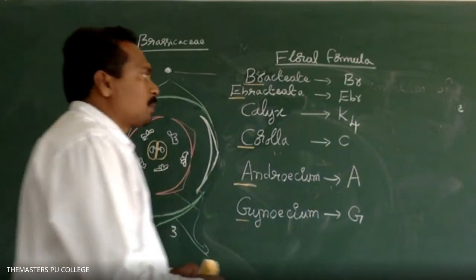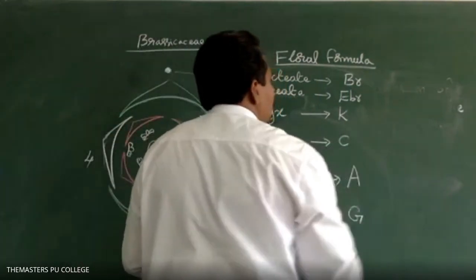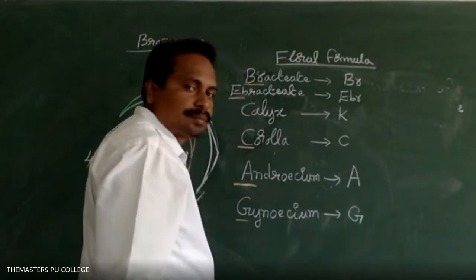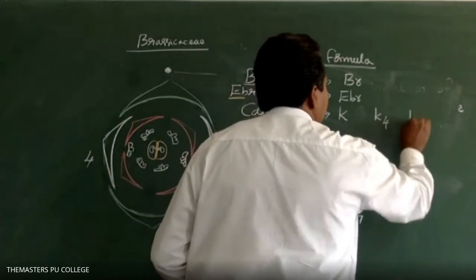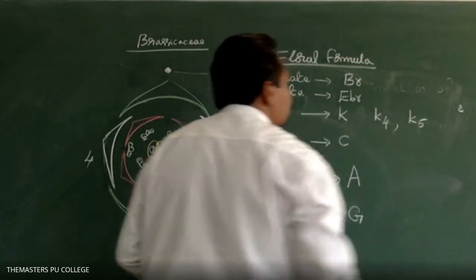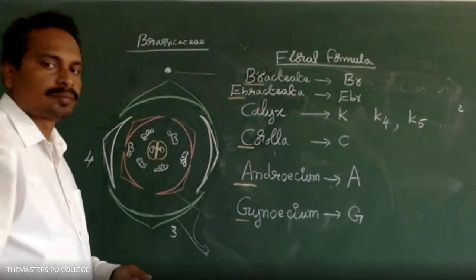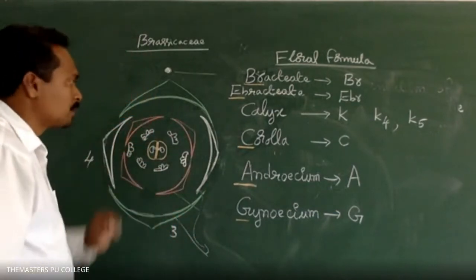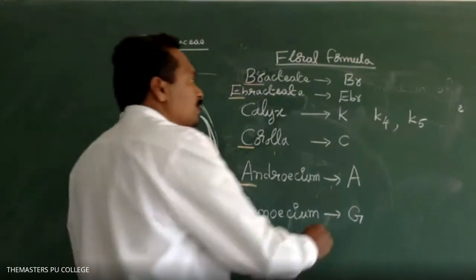Suppose in some plant species 5 sepals are there, then it is indicated as K5. Very good. Corolla: in this floral diagram, how many petals are there? C4. Very good.